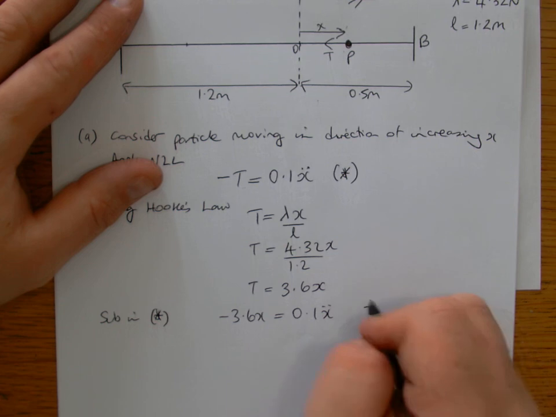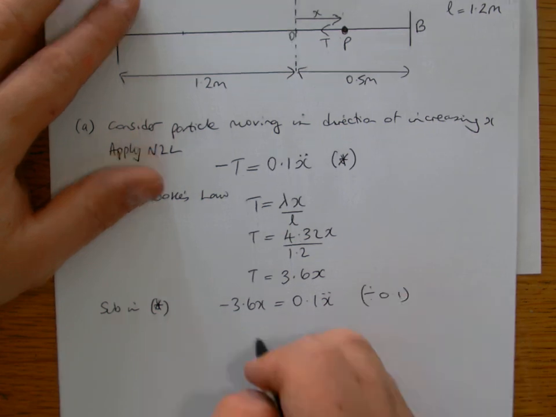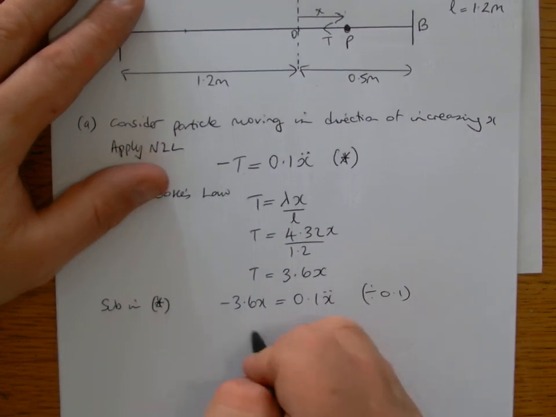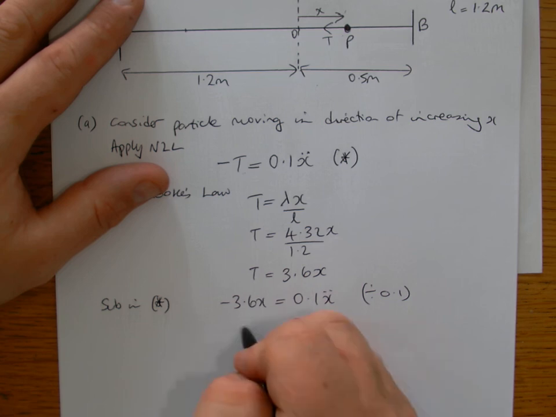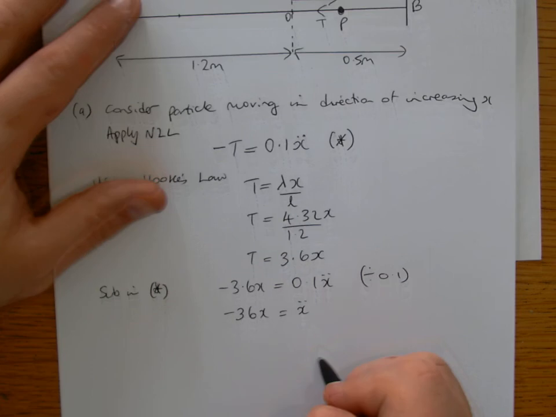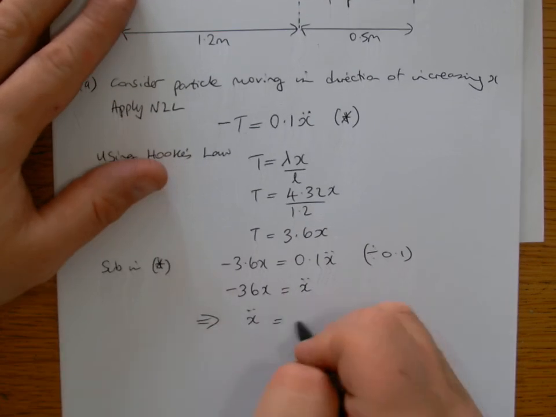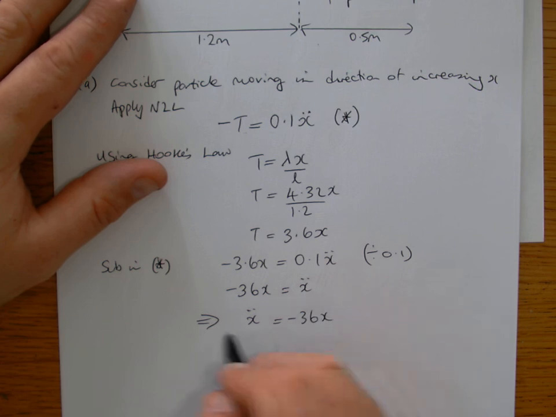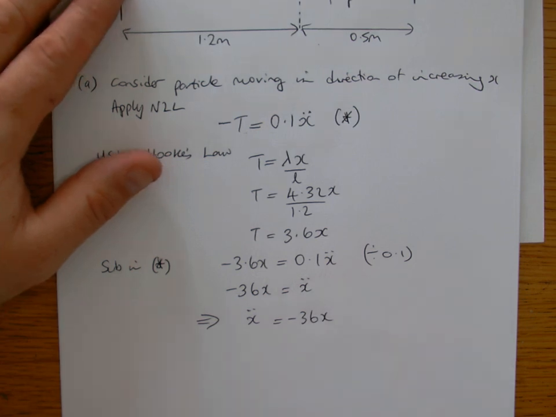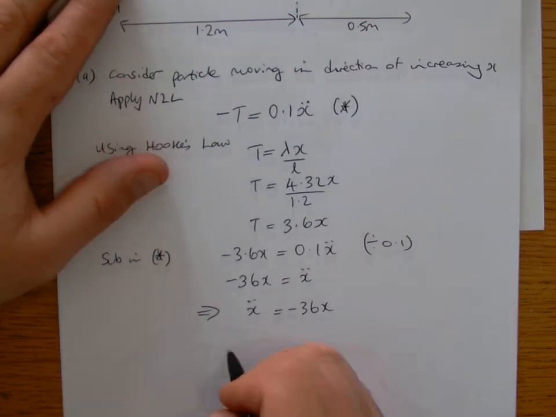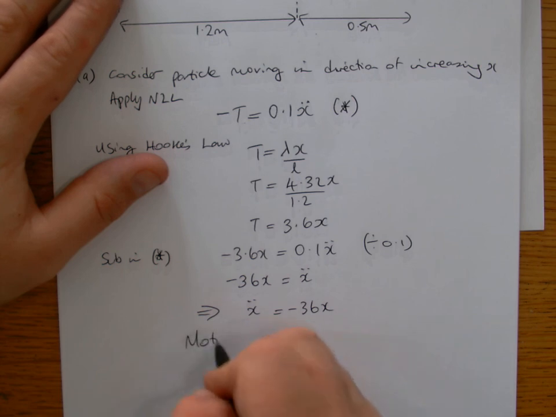Dividing through by 0.1, we get x double dot equals minus 36x, and that implies SHM. So we can say the motion is SHM.